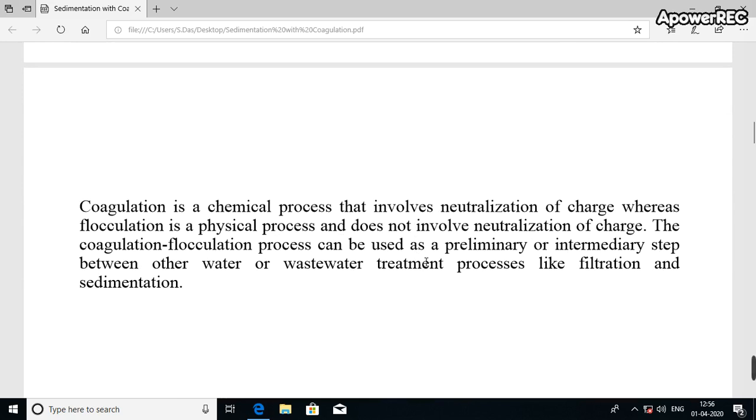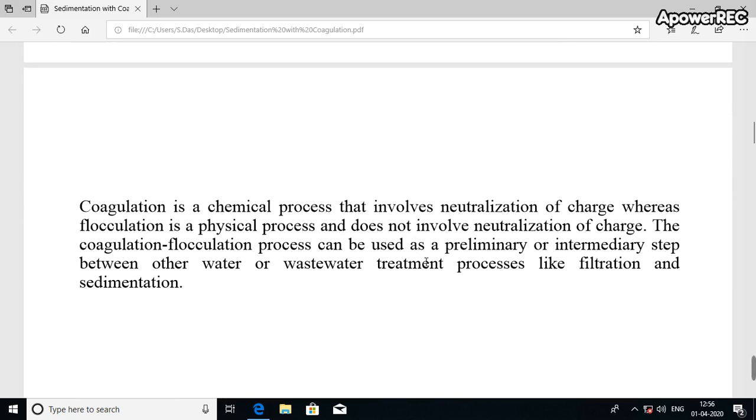which is a chemical process that involves the neutralization of charges. Remember in the flow chart that I have shown in your class, coagulation occurs when negatively charged particles are there and some positively charged atoms are added.